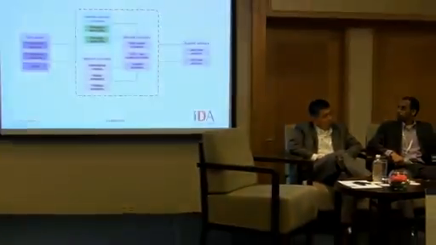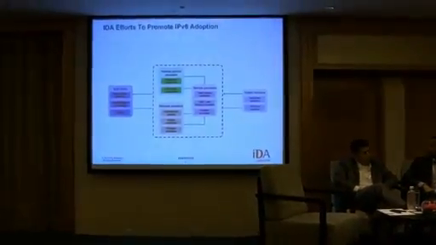For IDA, we recognize that IPv6 is going to be a long journey. So we launched the IPv6 program about 2 years ago. The first thing we looked at was the entire ecosystem, to make sure that we at least have a plan in place to create awareness for the industry.